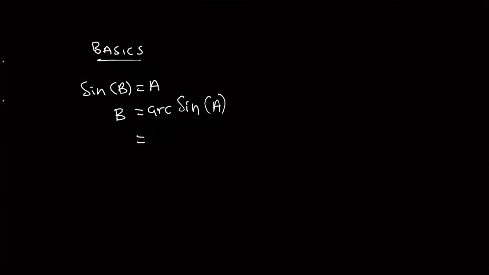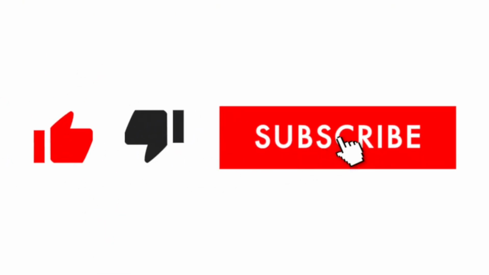The other way to write arc sine is sine to the power of minus 1 A. So that is the other way to write arc sine. Now, if you want to access arc sine on your calculator, this is how you go about it. As you can see, we have arc sine A, and A can be any value depending on the equation that you are dealing with.